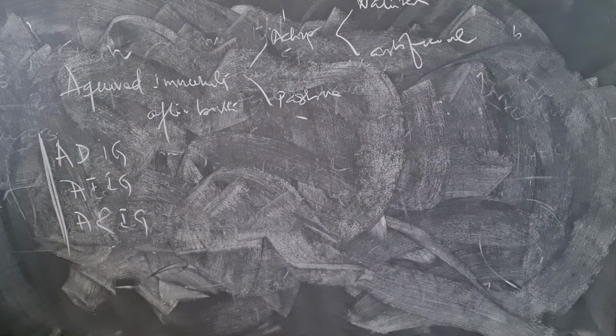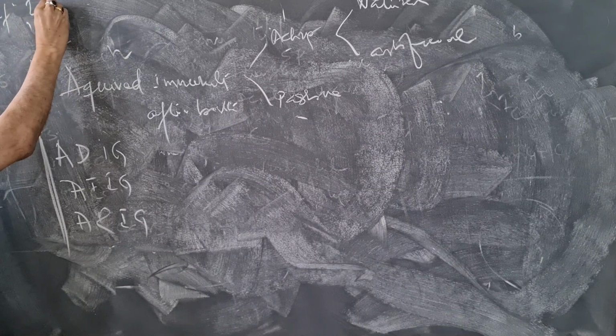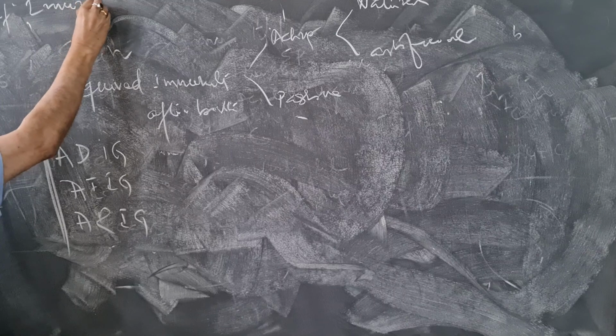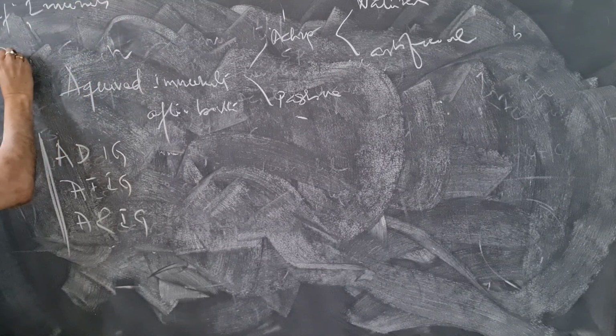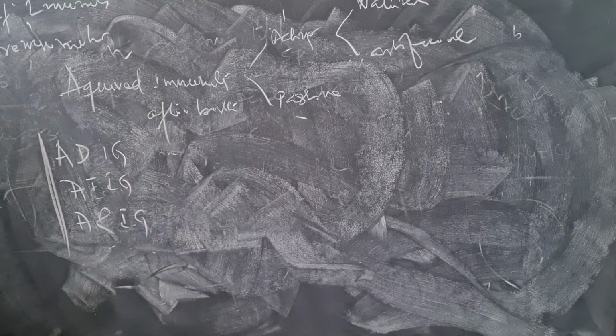Or with subclinical infection, you get repeatedly infected and you get lifelong immunity. There is something called premonition or infection immunity. What is this?